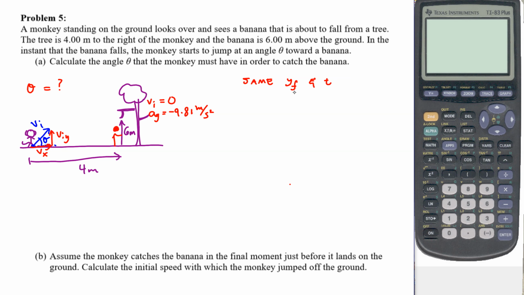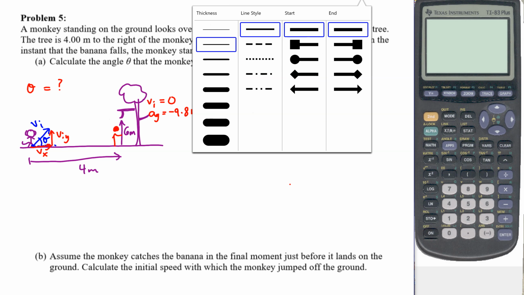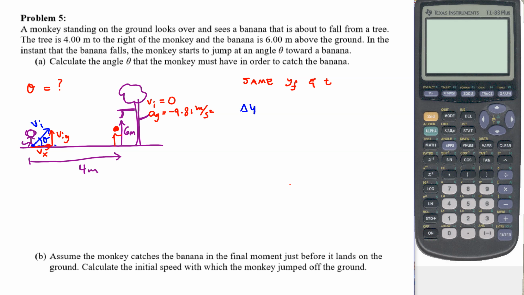Well, let's write down a y-axis equation since they have the same y final. All right, well, for the monkey, we could use, let's just try the same one that we tend to use. This one. Of course, delta y is final position minus initial position, which for the monkey is 0. So let me just write y final then.